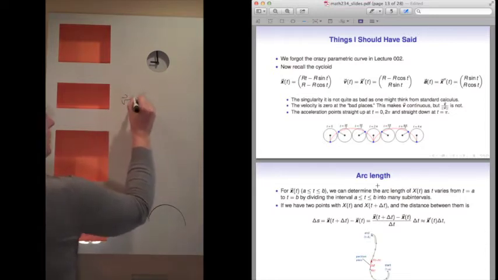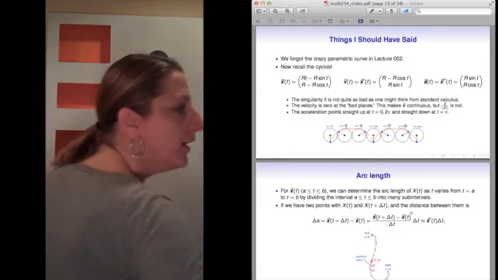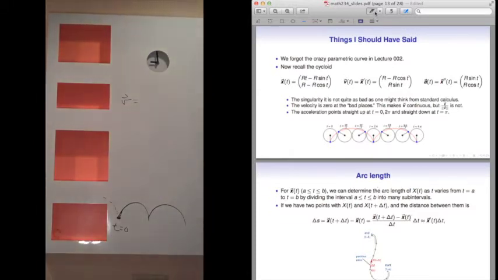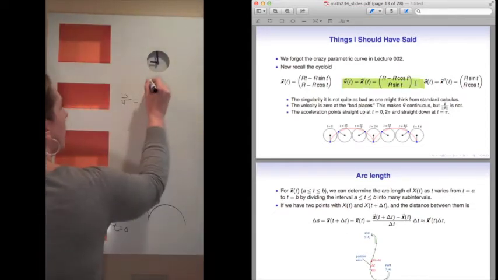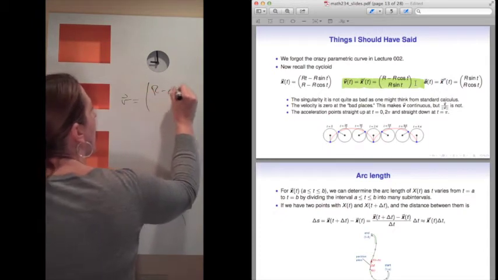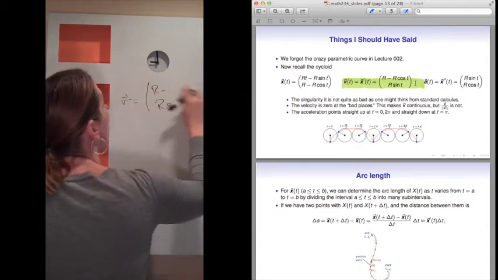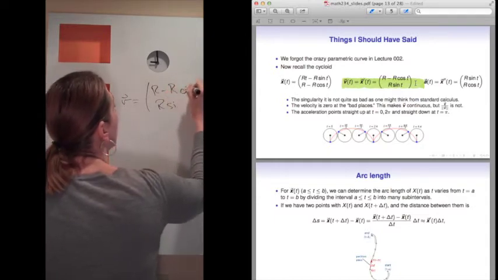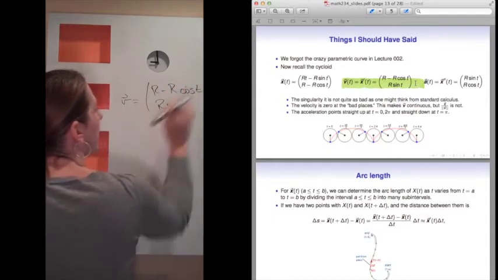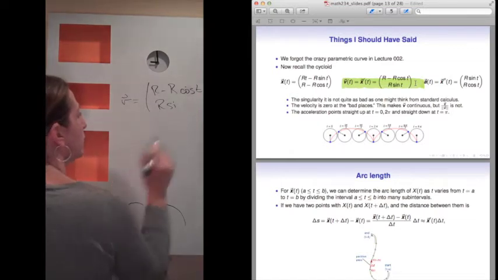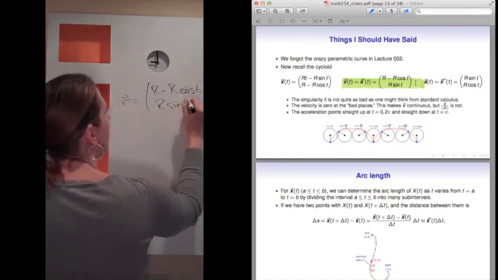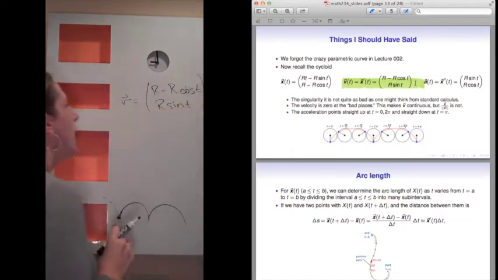So here's the formula. Our velocity vector, when we differentiate the position vector, is r minus r cosine t, and that's the change in the x direction, and r sine t is the change in the y direction.